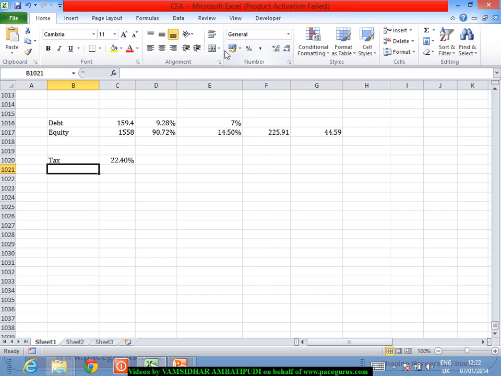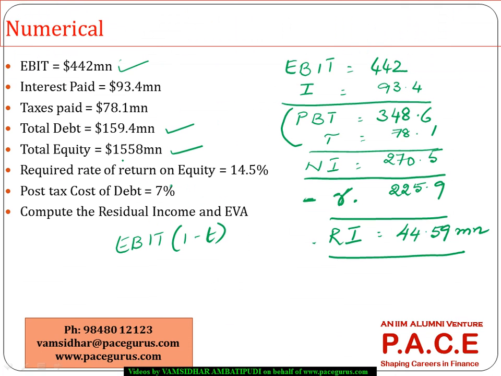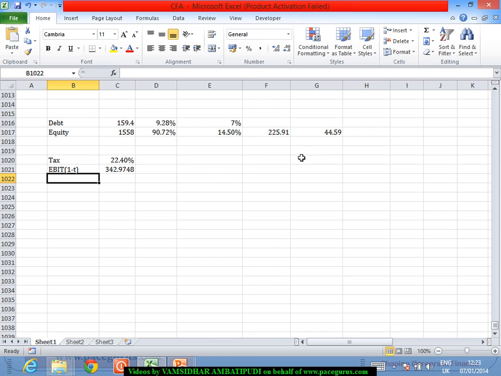So EBIT into 1 minus T, EBIT is around 442 times 1 minus T. So EBIT into 1 minus T is coming out to some 342. Out of that, I also need to find out the weighted average cost of capital. These are the weightages of debt and equity.